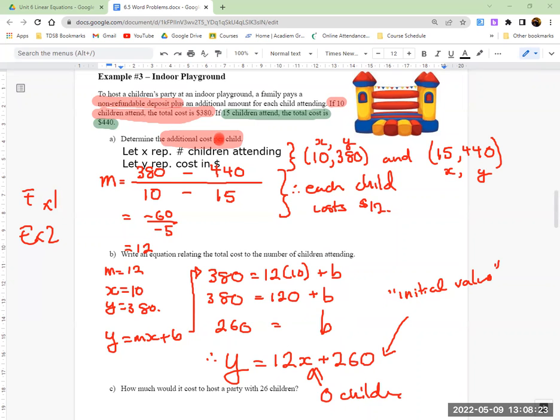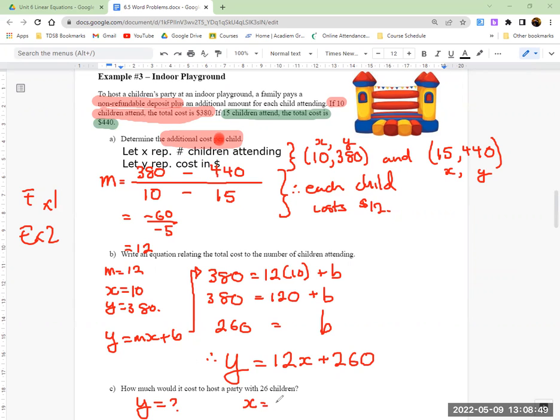So here's my equation. Part C. I'll do this quickly and then we're literally done for today. I just need you to practice test questions. How much would it cost to host a party with 26 children? So how much would it cost means, what is my y, right? Because y represents cost.